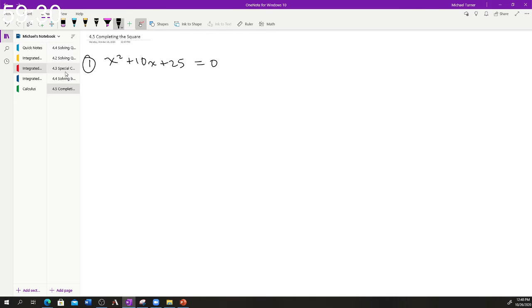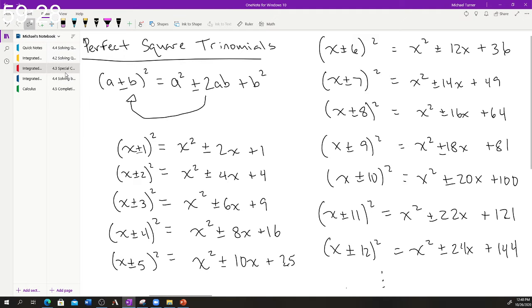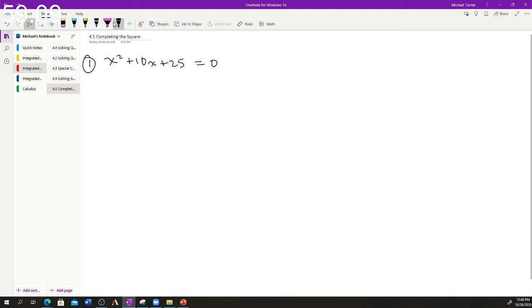Referencing back to my previous slide at 4.3, x squared plus 10x plus 25 looks exactly like this one here at the bottom. So if I factor it or write it as a perfect square, it's going to be x plus 5 quantity squared.